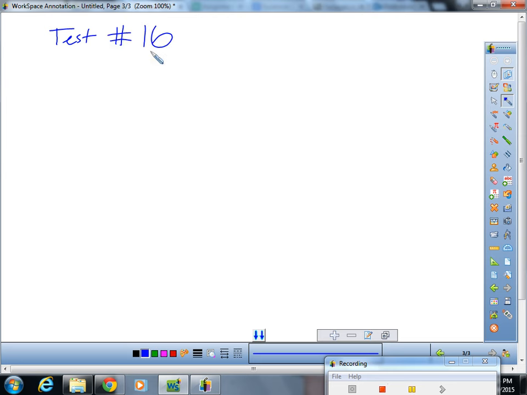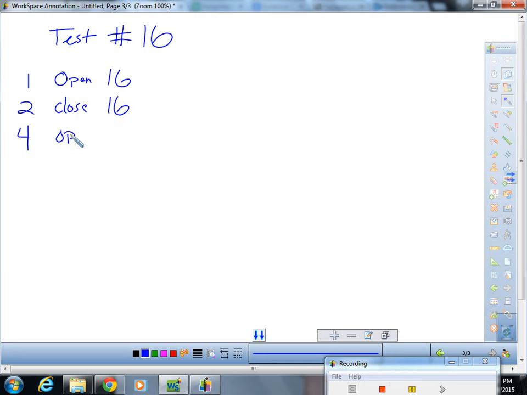Okay, so student number 1 would open 16. Student number 2 would close 16. Student number 4 would open it. Okay? Student number 3 didn't touch 16 because 16 is not a multiple of 3. So the next student to touch locker 16 will be 8.